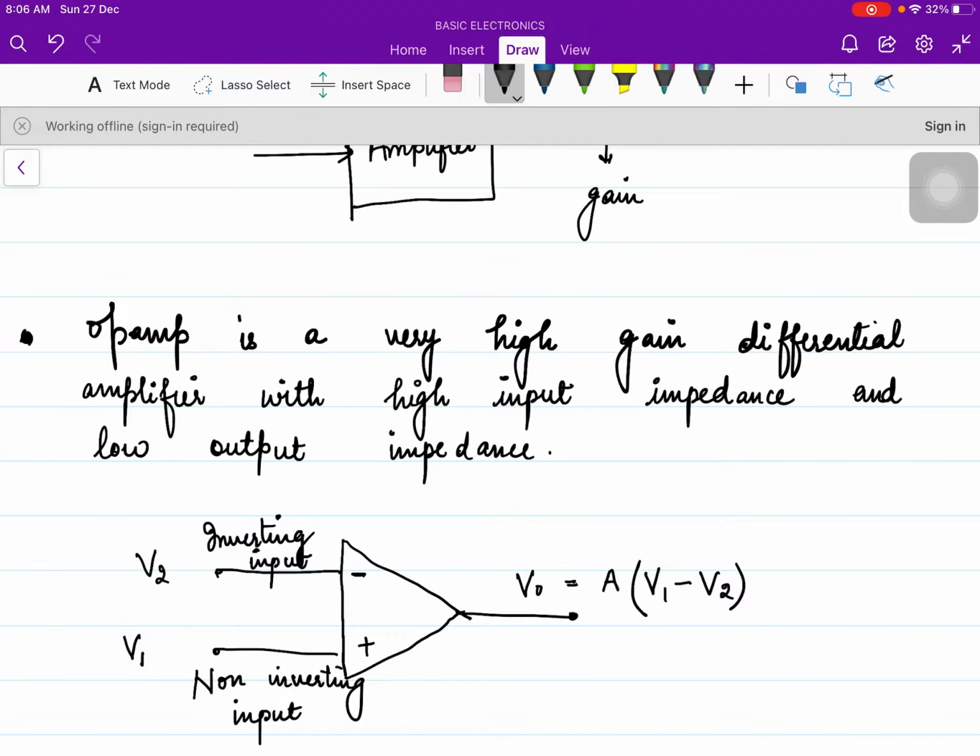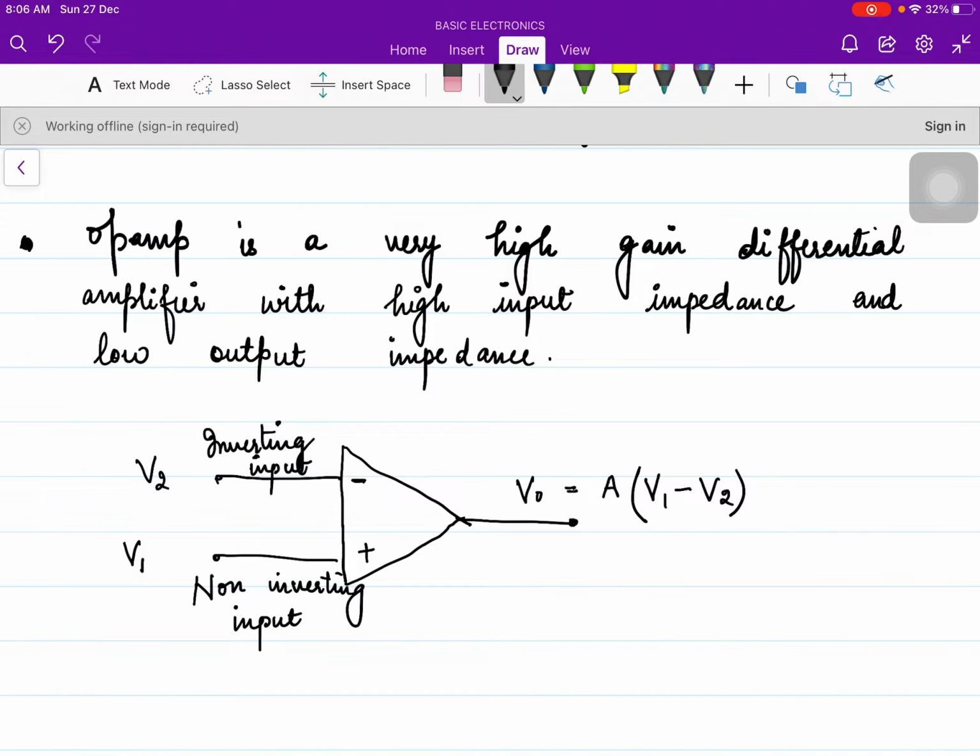As V0 is some gain multiplied by the difference of the two voltages, it is called a differential amplifier because it is amplifying the difference of the two voltages. I hope I am clear on why it is called a differential amplifier.